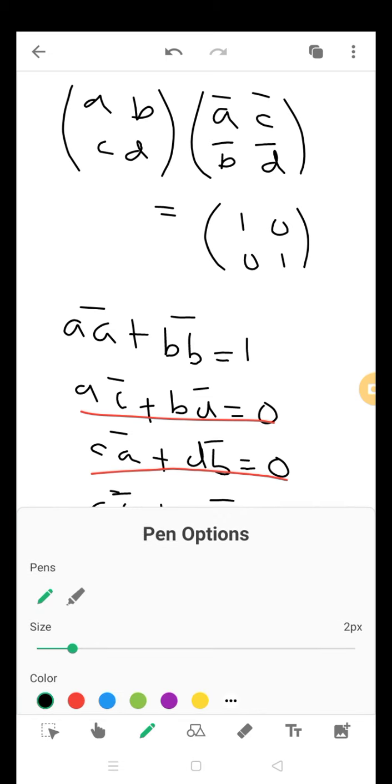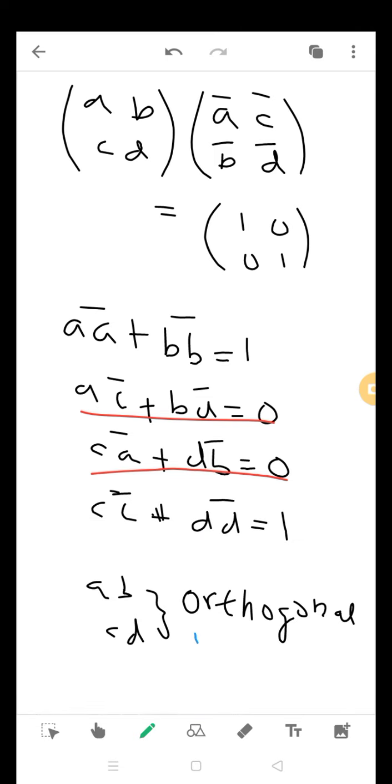Now this multiplication of this matrix with this is actually the inner product. This is what we mean by inner product, and usually we can represent this as U0 and U1.